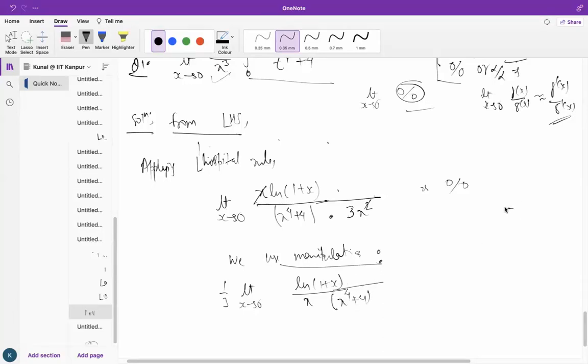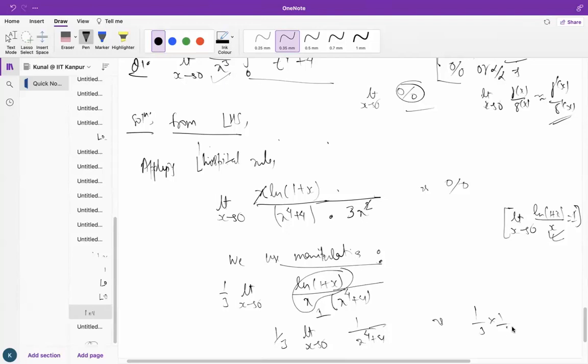We know that the limit as x tends to 0 of ln(1 plus x) by x is equal to 1. I hope you learned this in your limit chapter. So this term gives 1, and we have 1 by 3 times the limit as x tends to 0 of 1 by (x to the power 4 plus 4). Now insert the limit 0 here. We get 1 by 3 into 1 by 4, so our answer is 1 by 12.